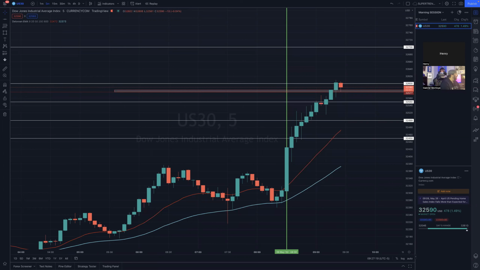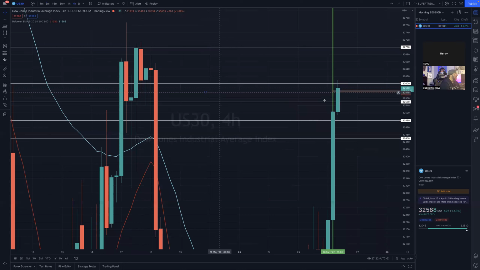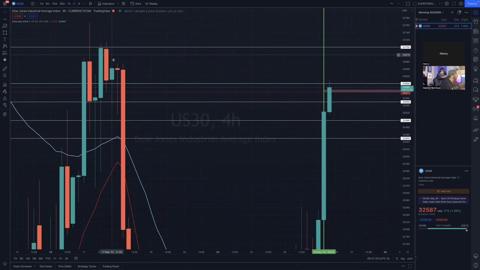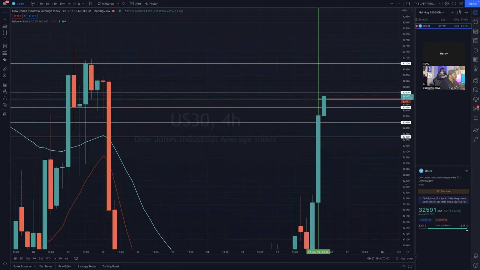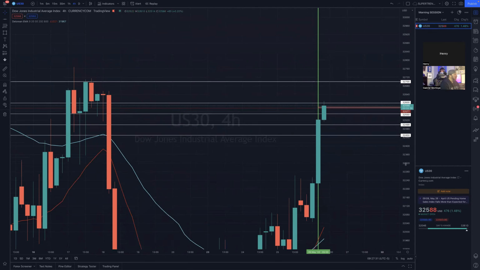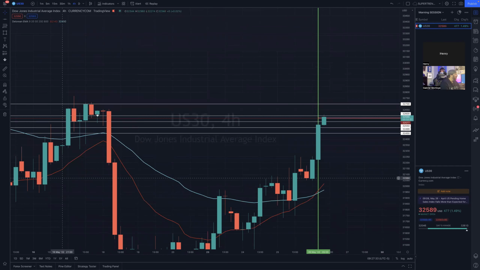Okay, and like I said, when we look at a higher time frame, this could be a possible reversal here. Because again, look, she corrected all of this move here. Like I told you before, she'll definitely give us this 32,600.